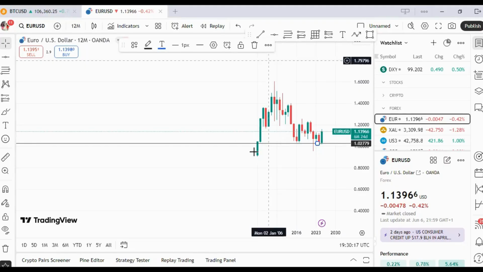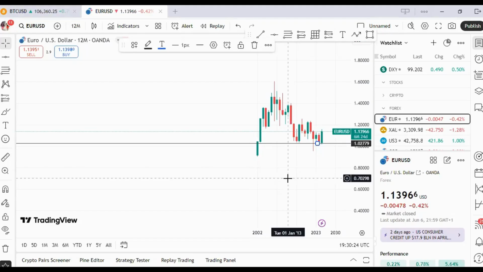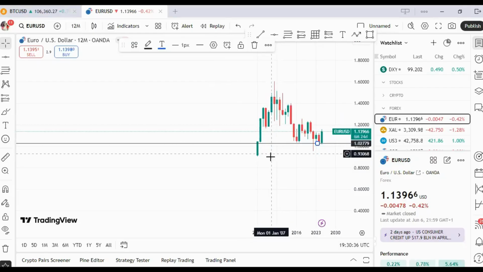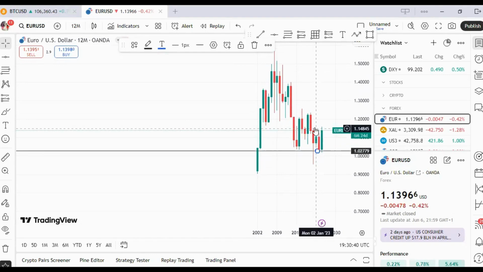All right, guys. I told you that the simplest explanation you can get is that support is your floor, resistance is your roof. Now, why is it called a support? Guys, follow me. All these things you are seeing here are called candles, right?